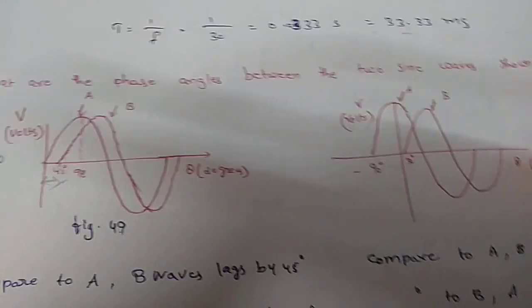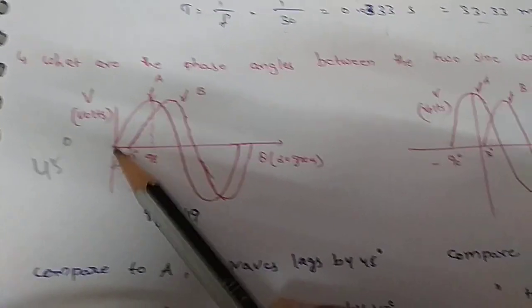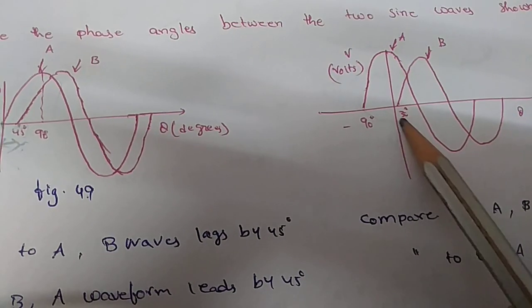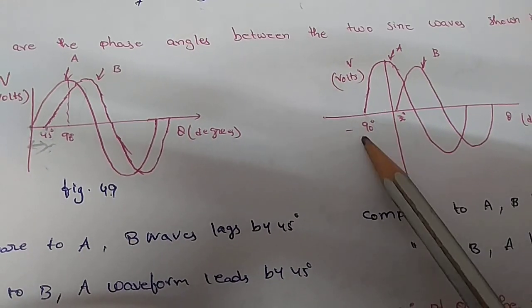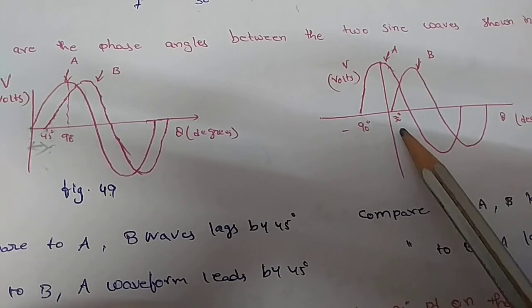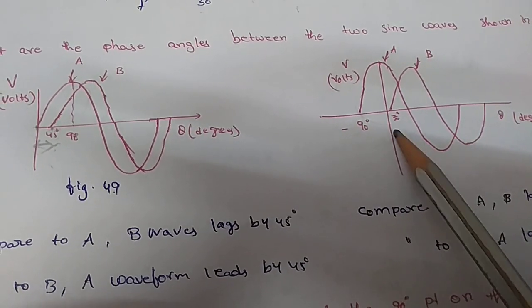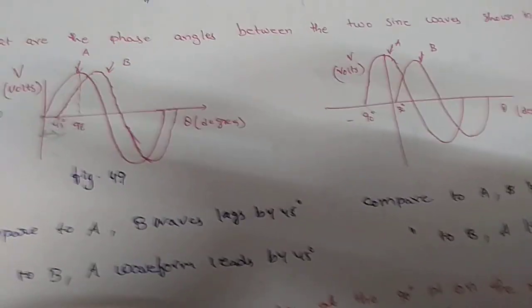In this one, one waveform is with the reference axis at 0 degrees, but here both are different. One has its zero crossover at 90 degrees negative, and the other waveform has its zero crossover at 30 degrees. They want to find the phase angle difference between these two waveforms.